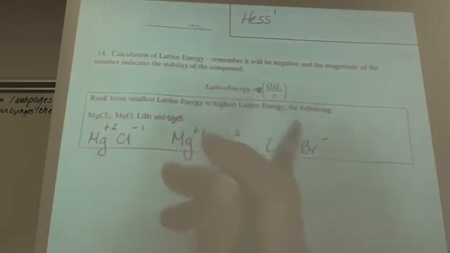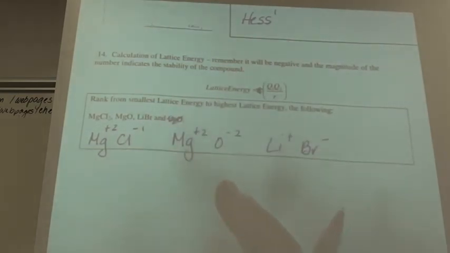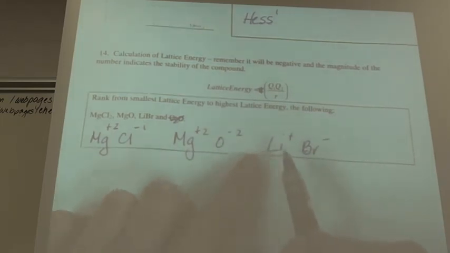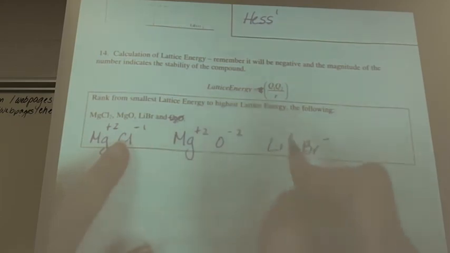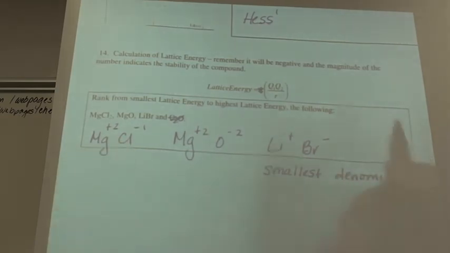Okay, so now I need to look at the ions. Well, all of these are going to get smaller, right? But this one starts out smaller than this one, yeah? Okay, so this has the smallest denominator. And these are about equal.